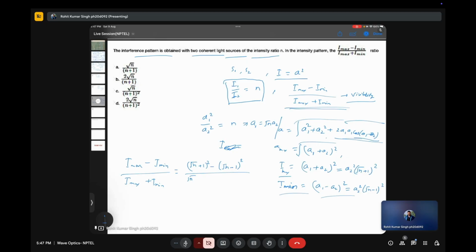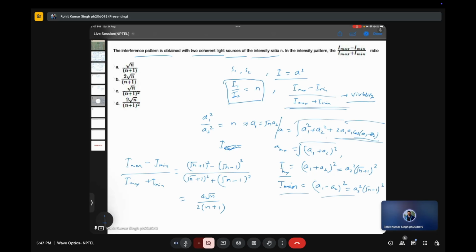Similarly, root n plus 1 squared plus root n minus 1 squared, and you can simplify this. So the numerator will be 4 square root n, and the denominator will be 2 times n plus 1.